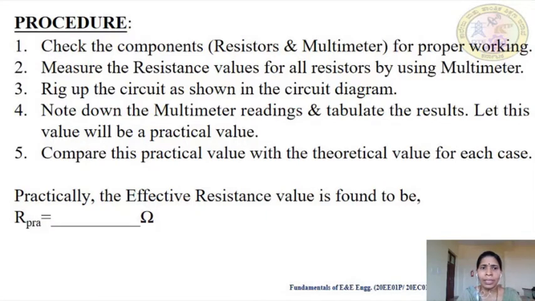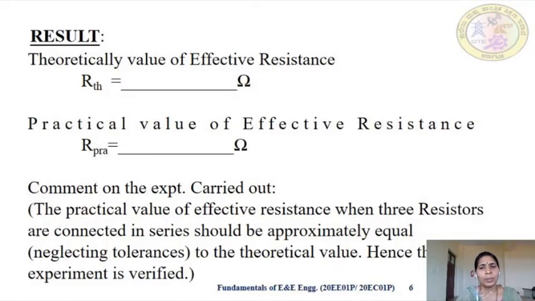So practically, the effective resistance value is found to be RPRA is equal to, this value determined from the experiment. So, result: the theoretical value of effective resistance is calculated from the theoretical derivation, and the practical value of effective resistance RPRA is determined from the experiment.